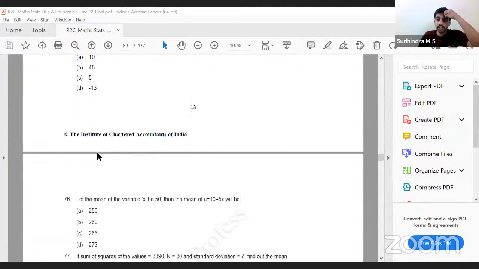We'll move to the next question. Let the mean of the variable x be 50. Then the mean of u is equal to 10 plus 5x will be? Simple. 260, sir. 260, correct.